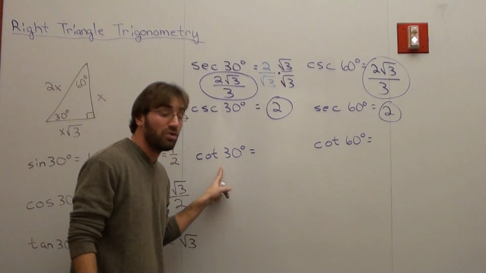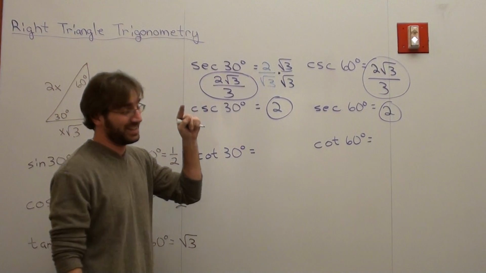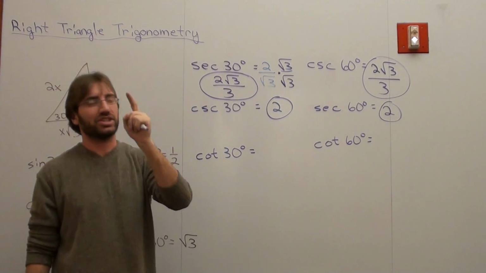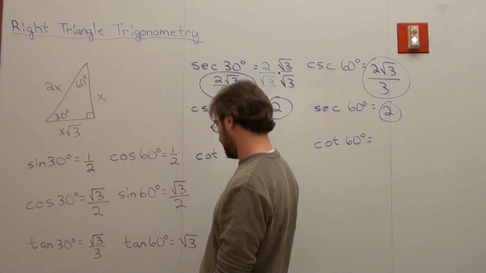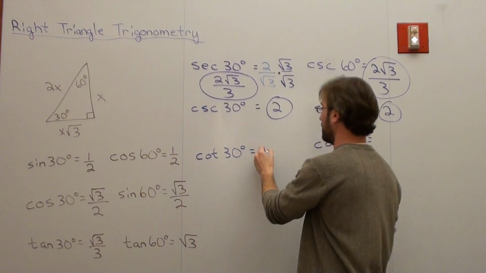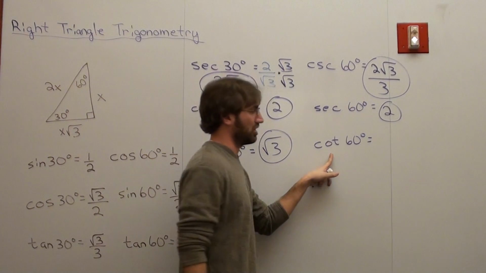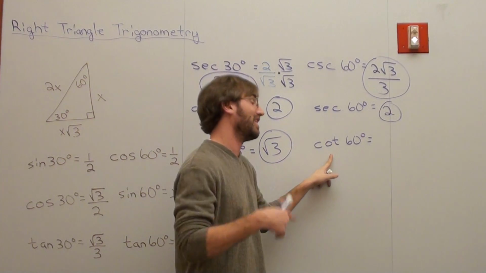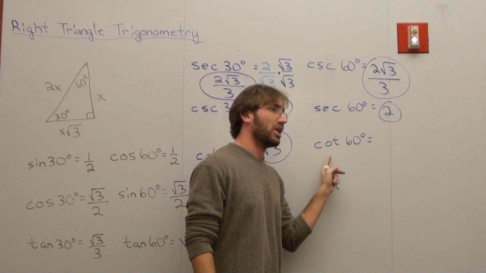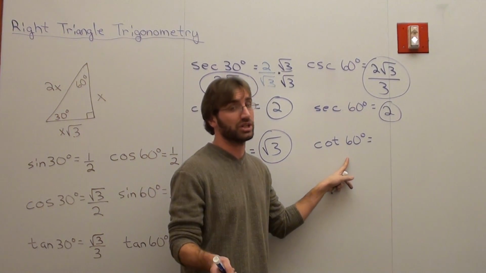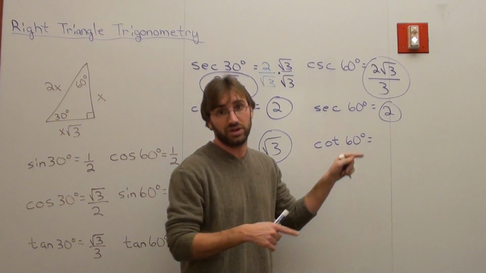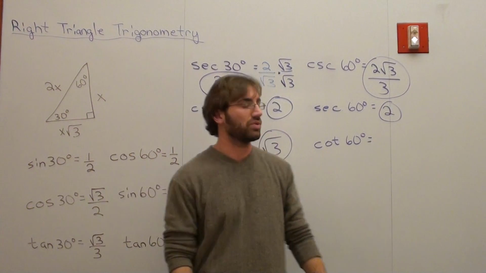Cotangent's cofunction of 30 is the tangent of 60. Do I have that? Yes, I do. It's root 3. And cotangent of 60's cofunction is tangent of 30 degrees. Root 3 over 3.